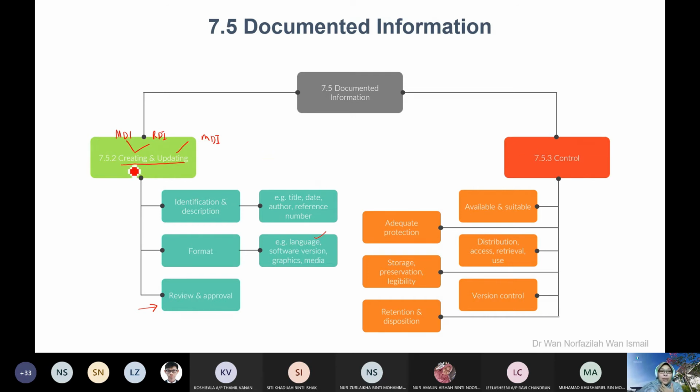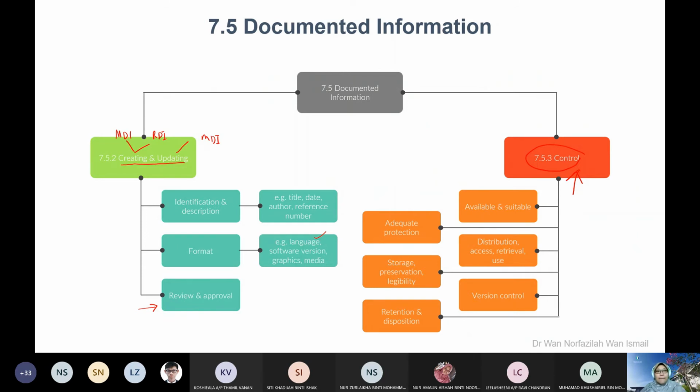Next, control. Once you have created the documented information, you need to control it. So how to control the documented information? You need to make sure it is available and suitable. Don't say that once you have the lab report and have sent it to the customer by email or post, you can throw it away. No, you have to make it available.